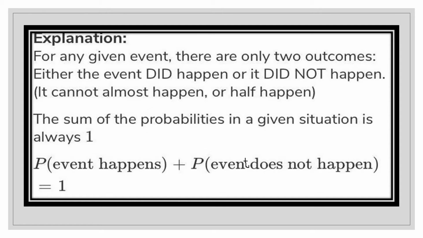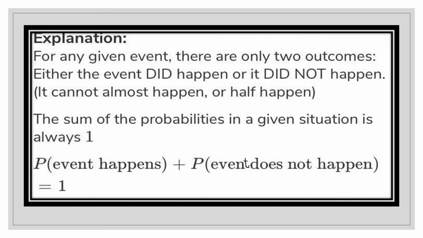Next, the sum of the probabilities in a given situation is always 1. So the probability of an event happening plus the probability of an event not happening is equal to 1. This means these two outcomes should be equal to 100%.